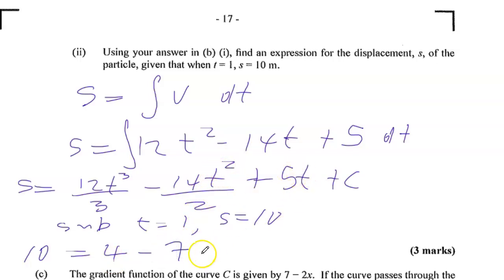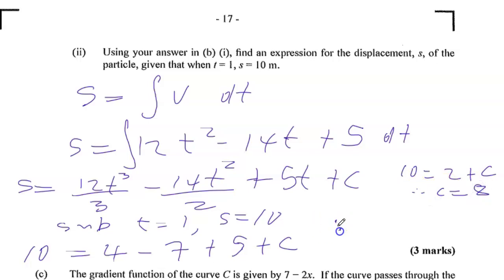Plus 5t, t is 1, so plus 5. Plus c. So calculating this, 4 minus 7, that's negative 3. Negative 3 plus 5, that's positive 2. So if we continue up here, this is 10 equal to 2 plus c, which means that c would have to be 8.